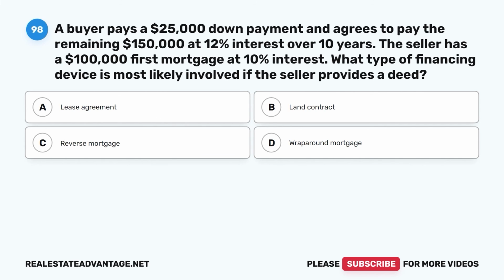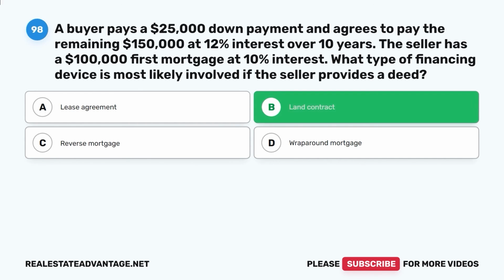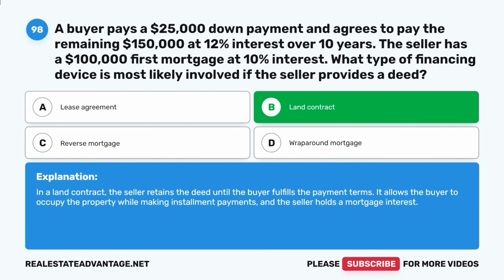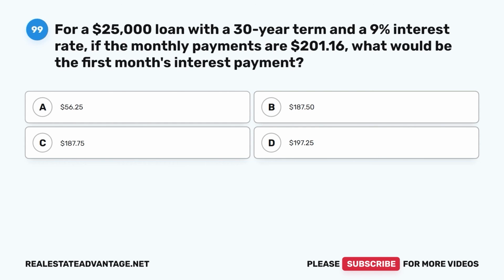C. Reverse mortgage. D. Wraparound mortgage. The correct answer is B. Land contract. In a land contract, the seller retains the deed until the buyer fulfills the payment terms. It allows the buyer to occupy the property while making installment payments, and the seller holds a mortgage interest.